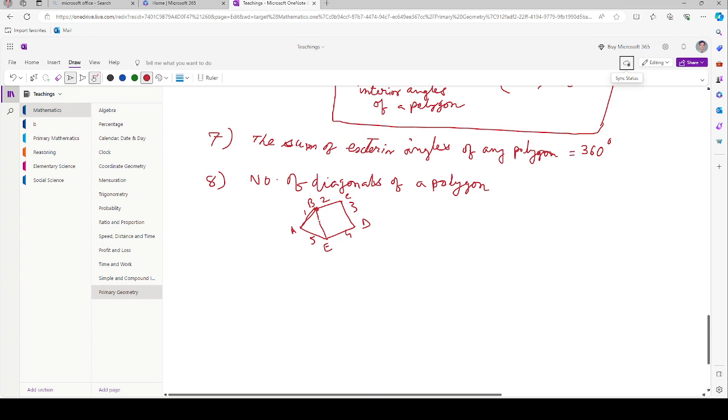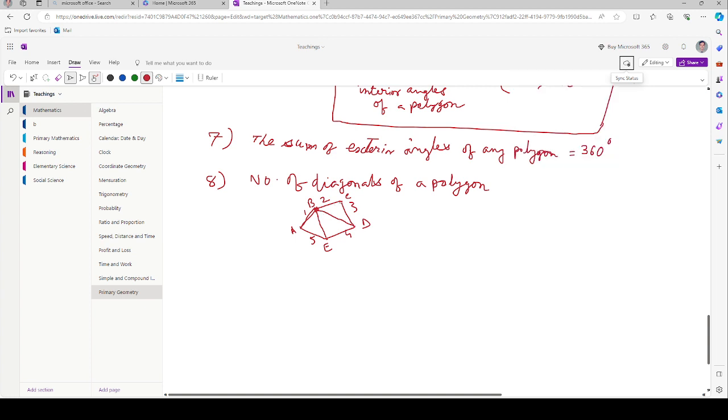So if 2 vertices are joined, then those other than the sides of this polygon are known as diagonals. So BE is a diagonal. Similarly, BD is another diagonal.